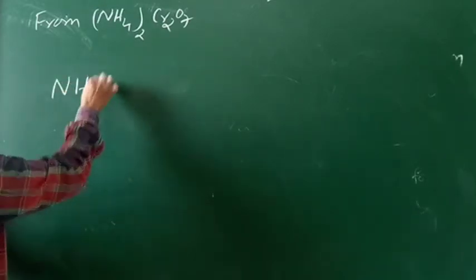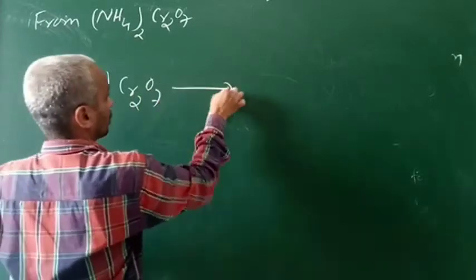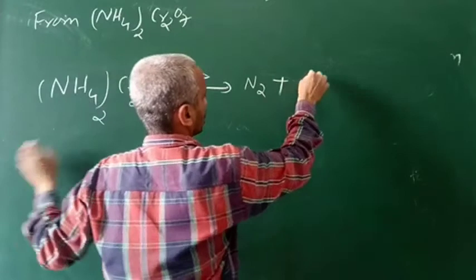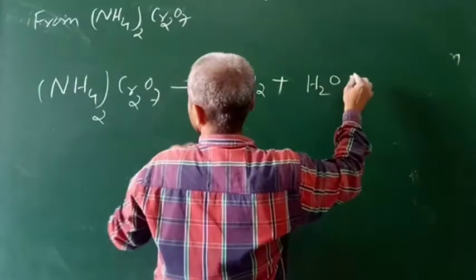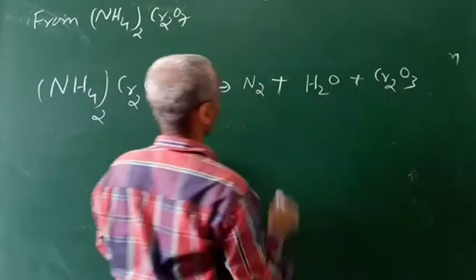What do you do? Go for thermal decomposition. Ammonium dichromate, you heat it. I am going to get dinitrogen plus water molecule plus Cr2O3. The dinitrogen is a gas.